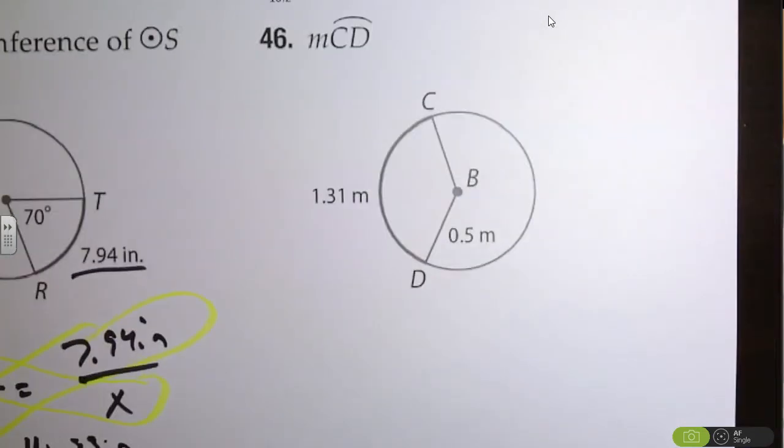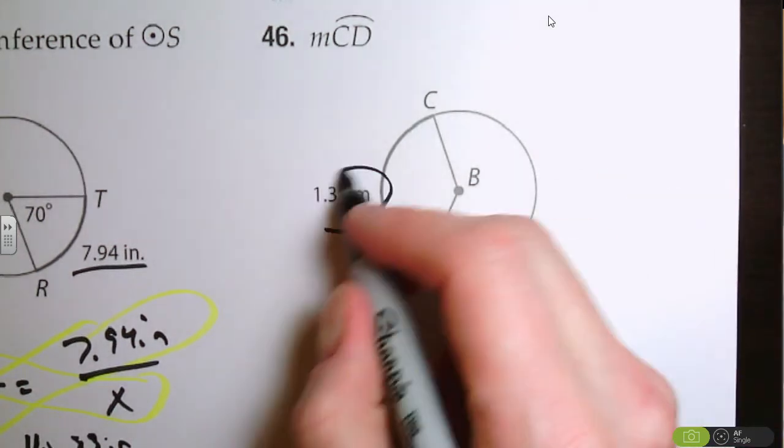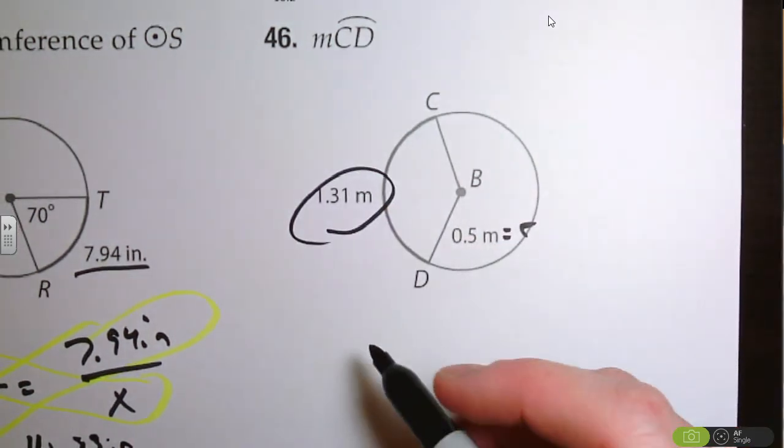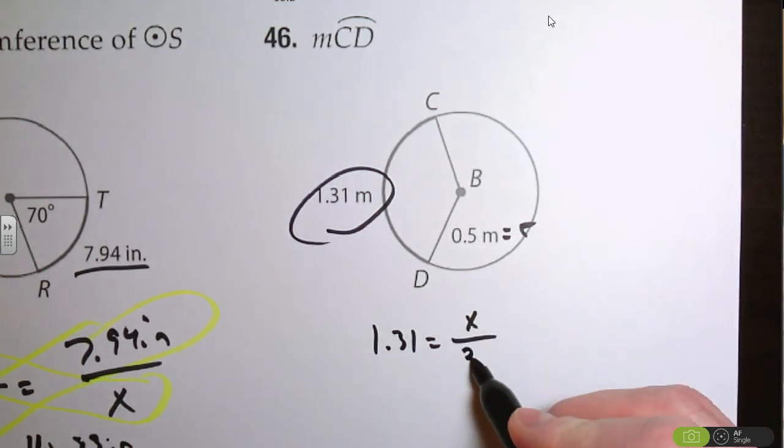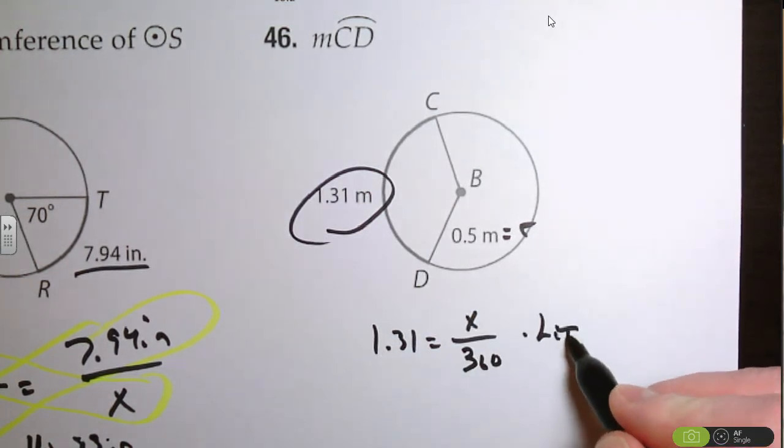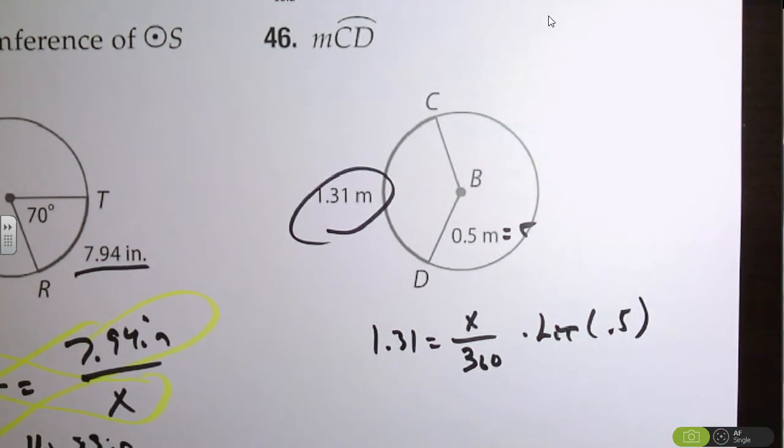Okay. Number 46 I like too, because you're actually working backwards to the angle. And this is again another case where it almost makes it nicer. Well, you can use the equation in this case because you've got your radius, you've got your arc length. So arc length is the angle over 360 times 2 pi r.